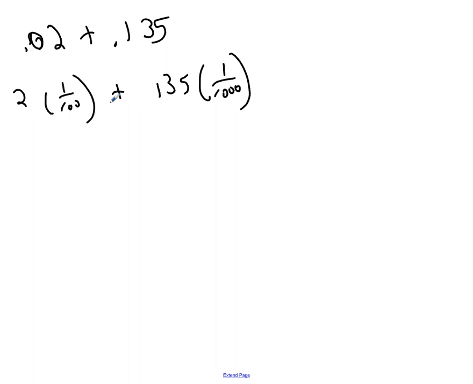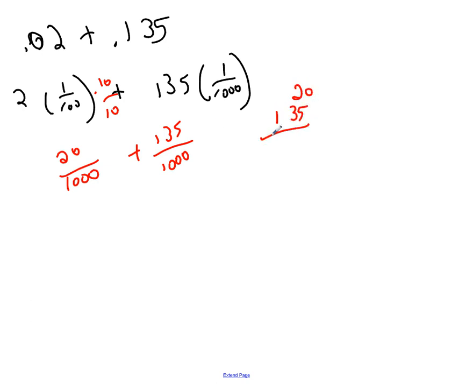I can multiply by 10 over 10 and get 20 thousandths plus 135 thousandths. 20 and 135. 5, 3, 4, 5. I get 155 thousandths.